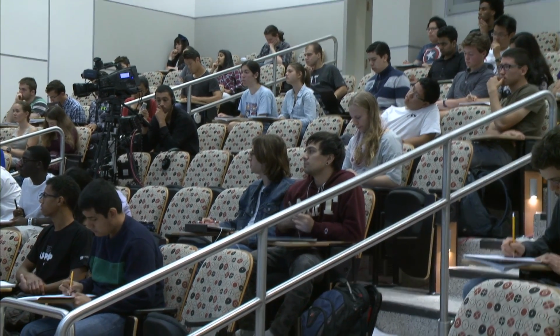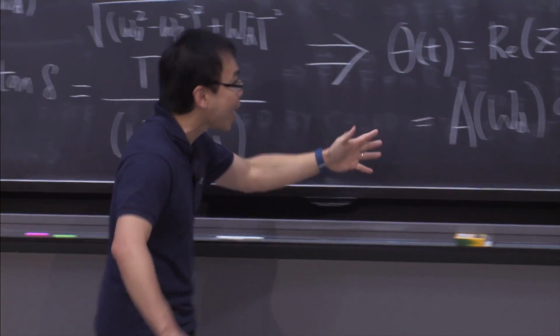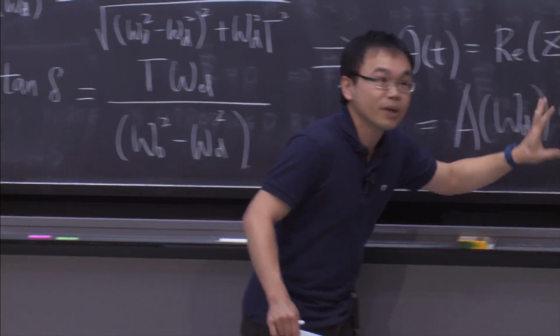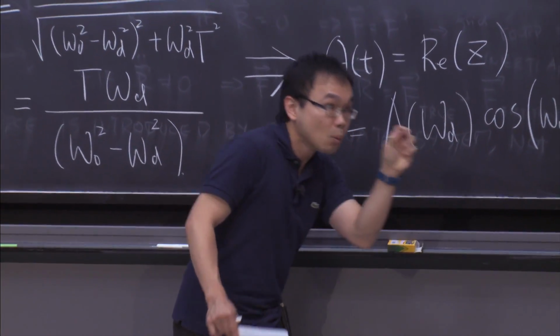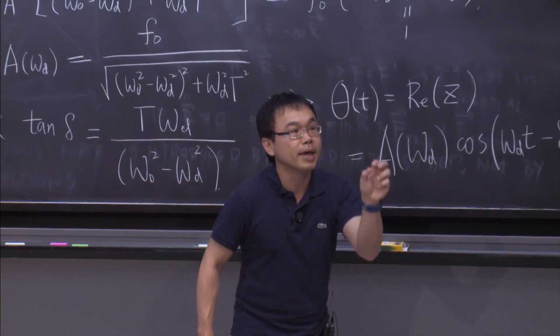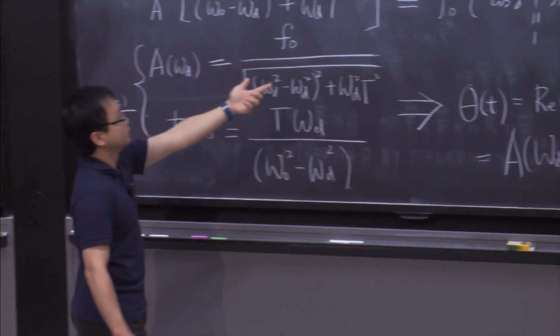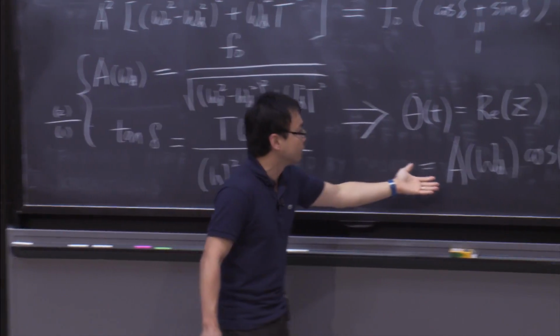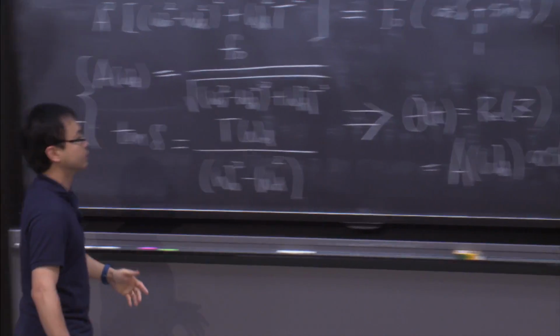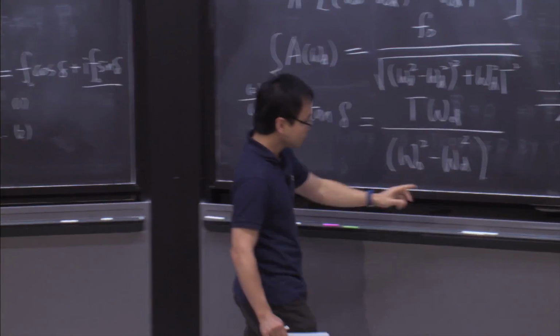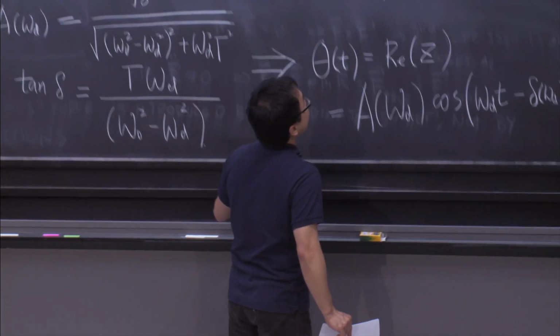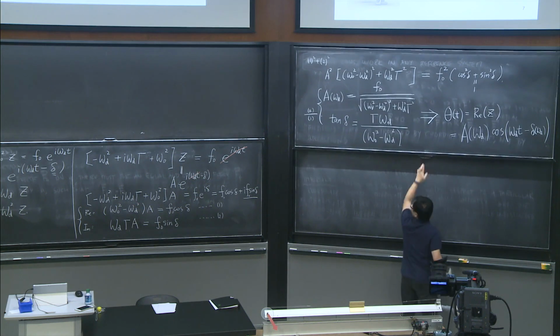Very good. The homogeneous solution is missing. That's why we have no free parameter here. Once omega d is determined and f0 is given, you have the functional form which decides what theta is. So what is the full solution?